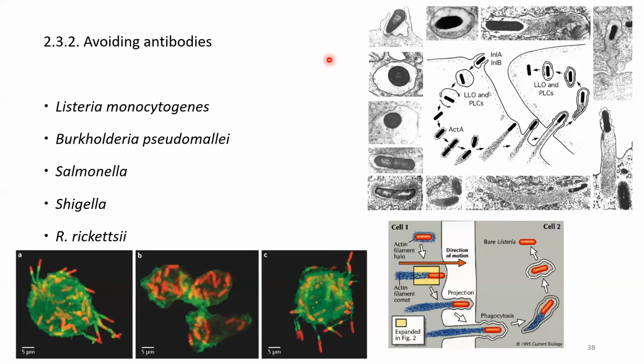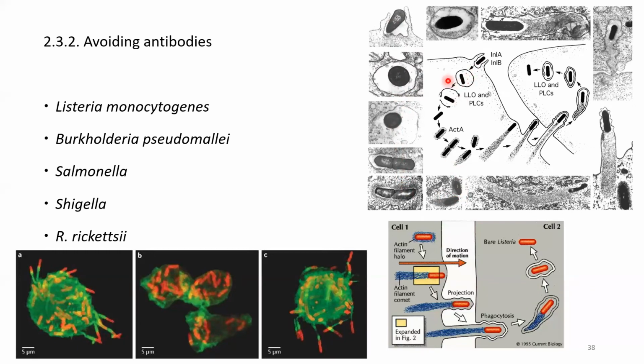But if they would like to infect other cells, how would they do it? There is evidence demonstrated by scientists. If you look at this figure on the top right corner, the bacterium, this is Listeria, is phagocytosed into the phagocytic cell like this and stays inside.